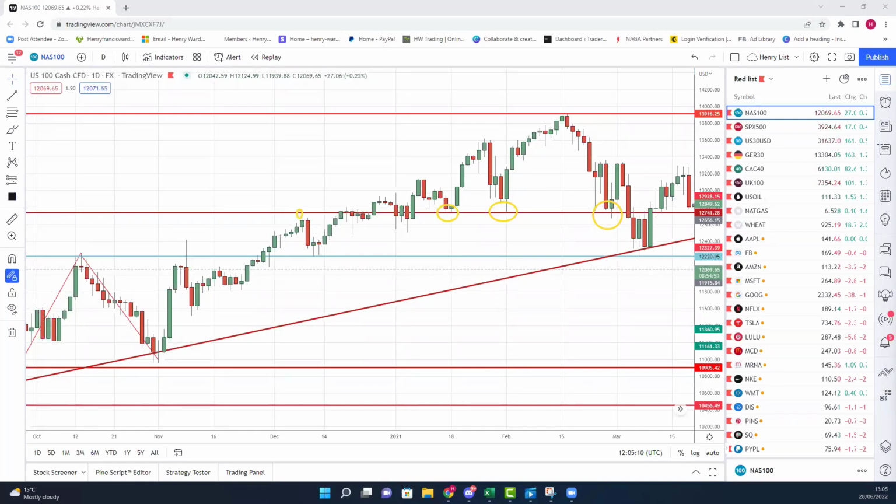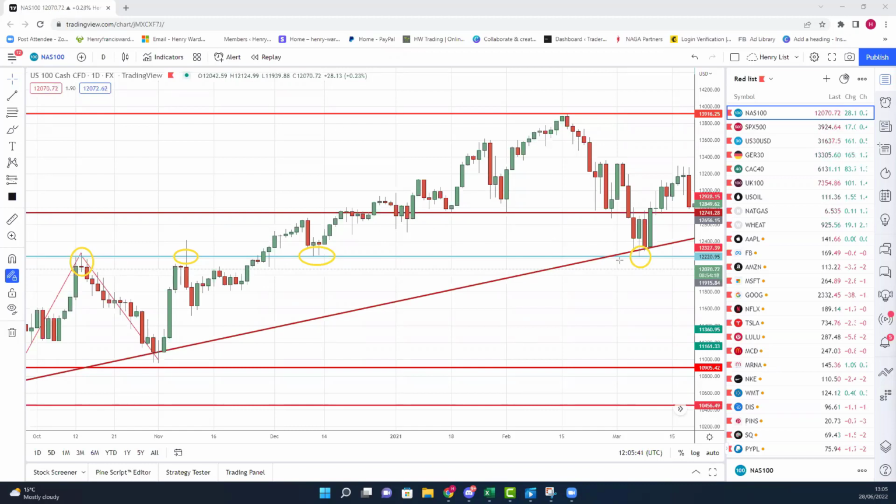Sorry, wrong level. Come on, Henry. So we have a bounce here, a bounce here, a bounce here, and a bounce there. So looking at this bounce and retest, okay? This here is support, and then this is, sorry, this is resistance, and then this is support.